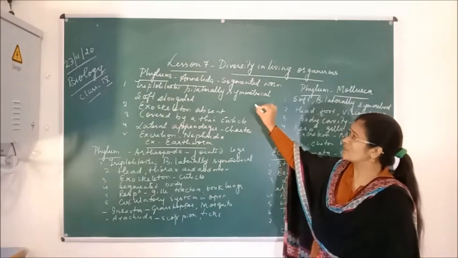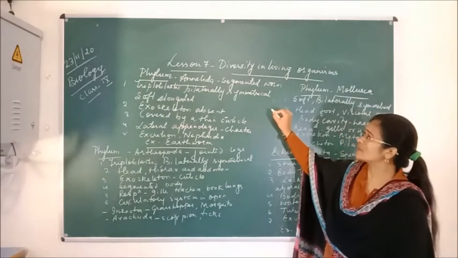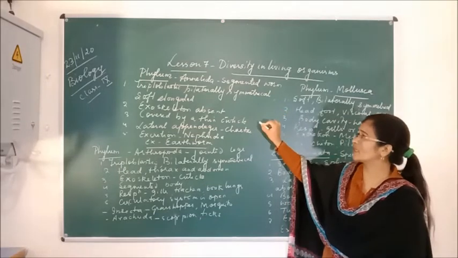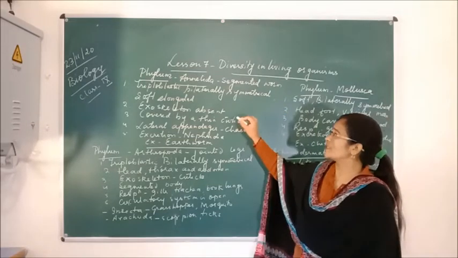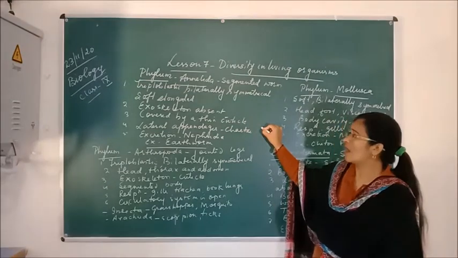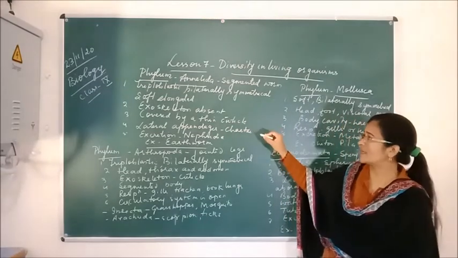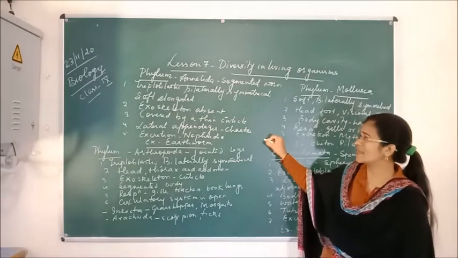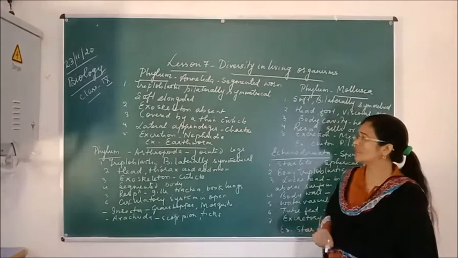That is, it is triploblastic, bilaterally symmetrical, soft, elongated. Exoskeletons are absent. It is covered by a thin cuticle. Lateral appendages present in the Annelida are called chaetae, and the excretion takes place through nephridia.